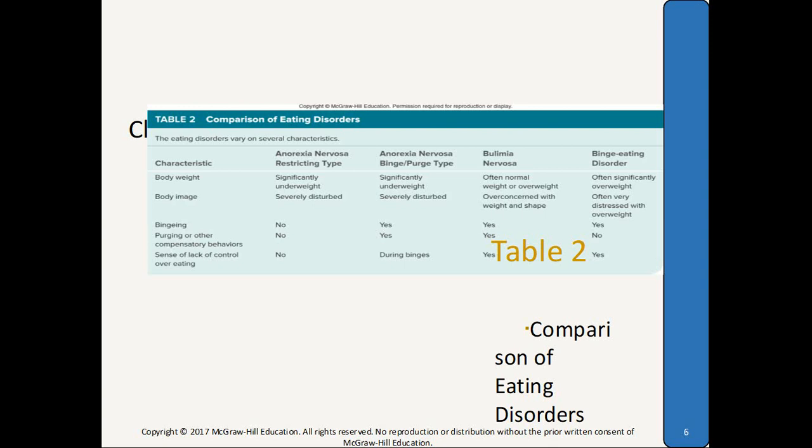We know with the anorexia nervosa disorders, the person is significantly underweight. However, with bulimia, usually the person is of normal weight or they're overweight, and with binge eating disorder, the person is normally significantly overweight. And you can see, based upon all the different characteristics that eating disorders display, the differences between all three diagnostic categories.